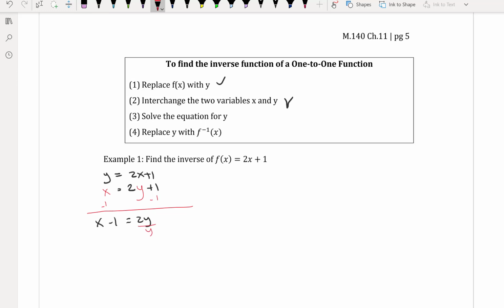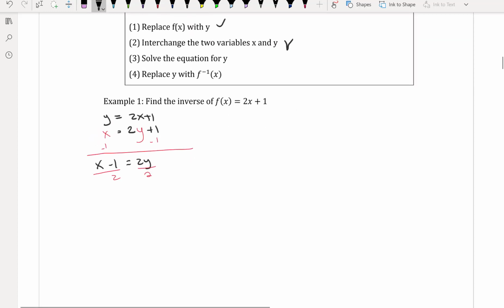So I need to divide by 2 to get the y by itself. So I'm going to get this as x minus 1 divided by 2 is equal to y. And I'm just going to rewrite that. Y is equal to x minus 1 divided by 2. So I had solved the equation for y.